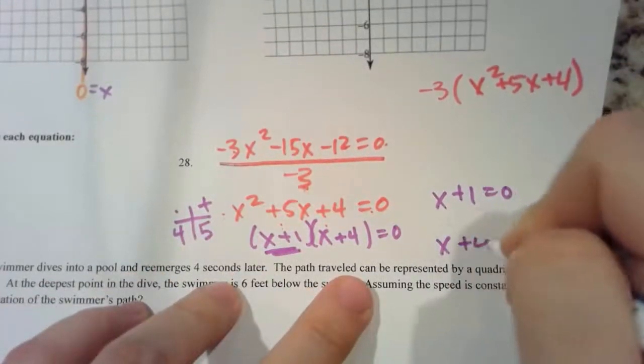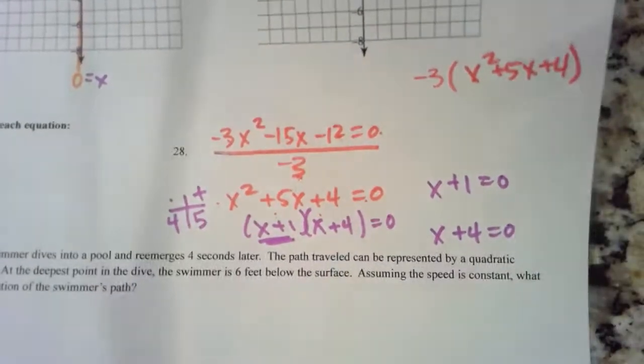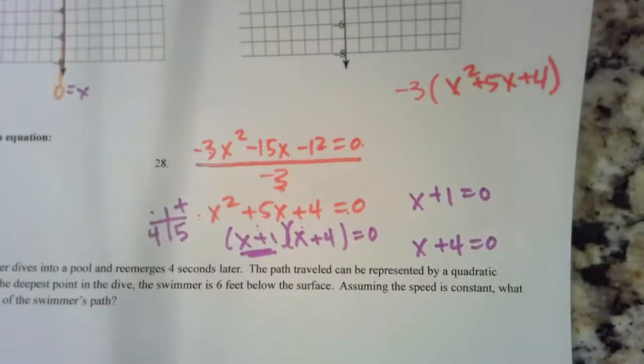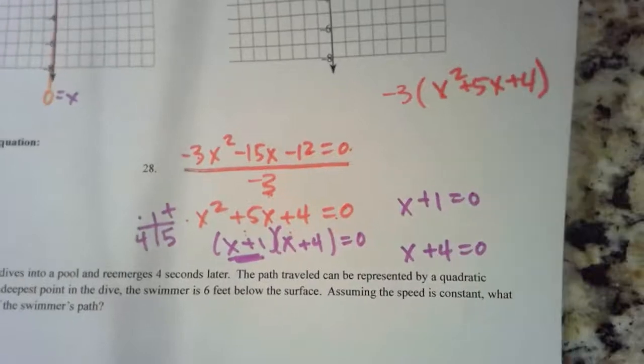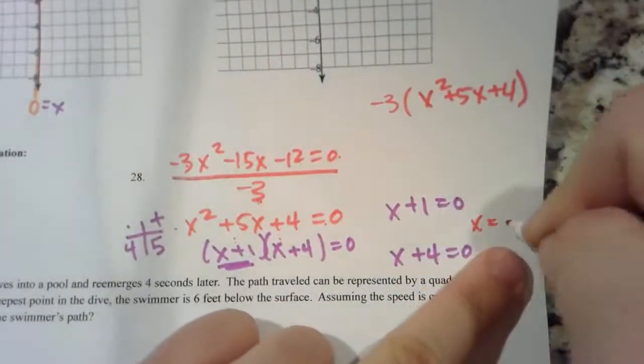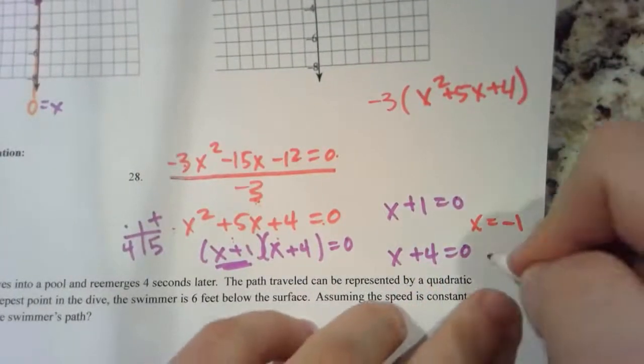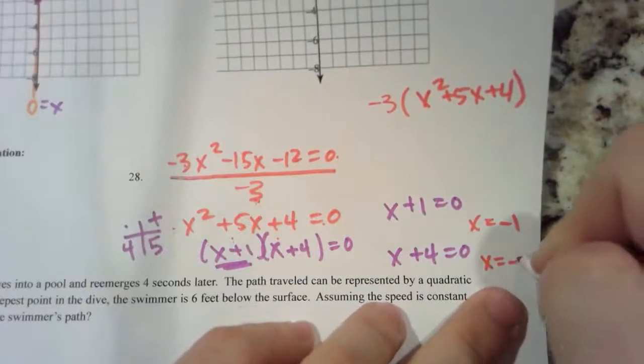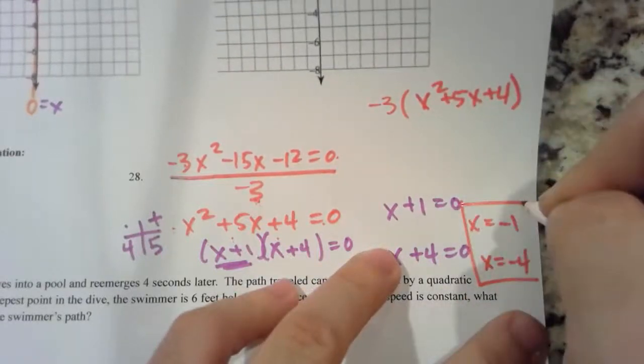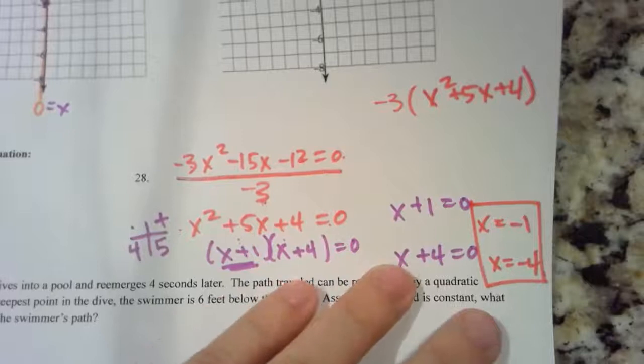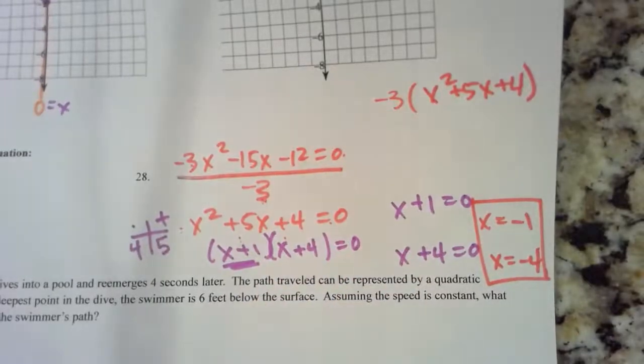Or my second one has to be equal to 0. One of those 2 things is true, which means x either equals -1 or -4. You would have gotten the same answers had you done the quadratic formula.